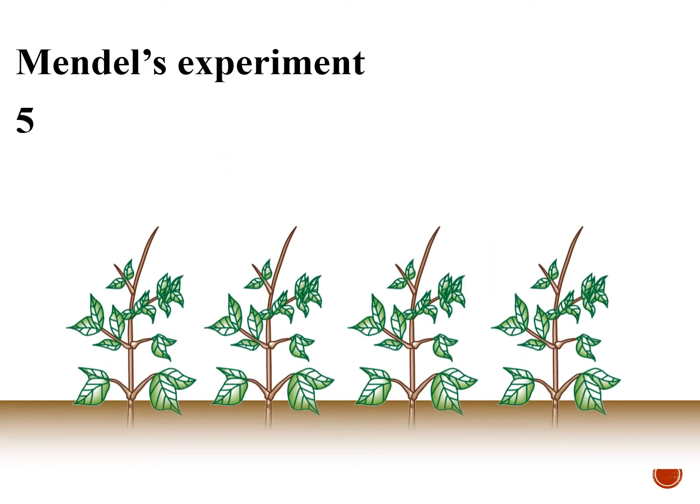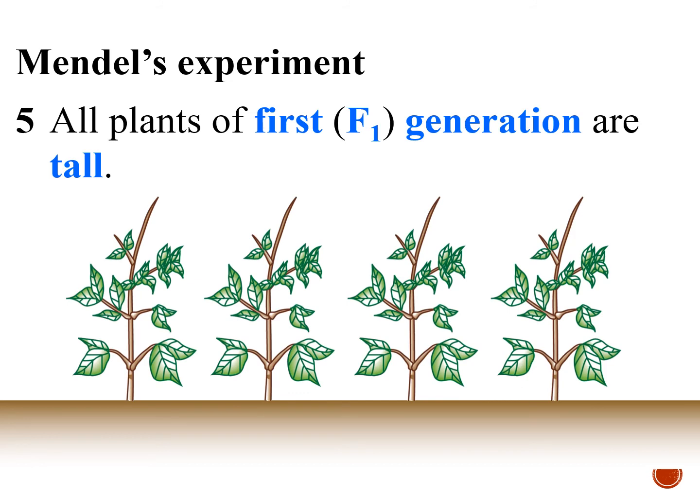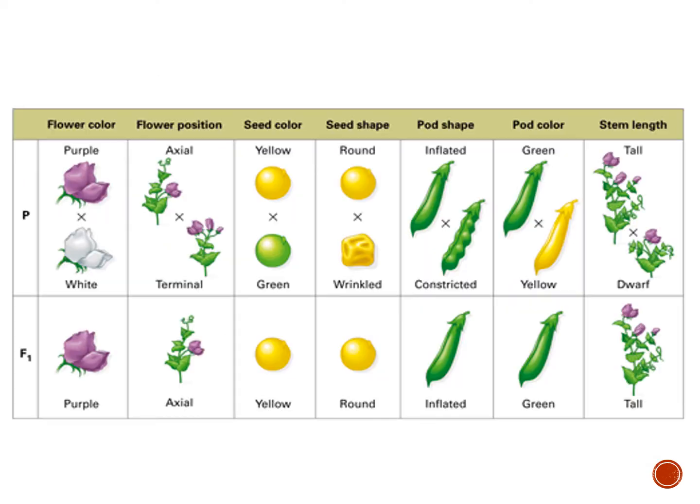However, to his surprise, all the plants of the first generation, after the tall and short plants reproduced, were tall, not middle in height. Mendel, being a scientist, tried other experiments to look at other characteristics: the flower color, the flower position, seed color, seed shape, and so on.